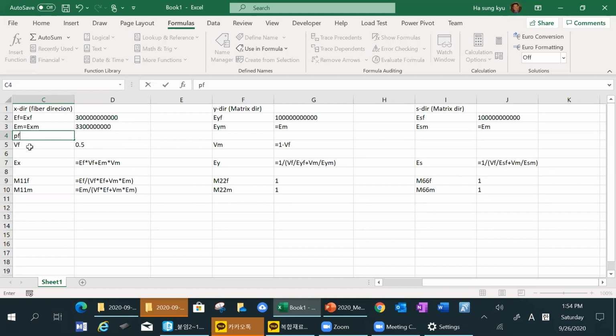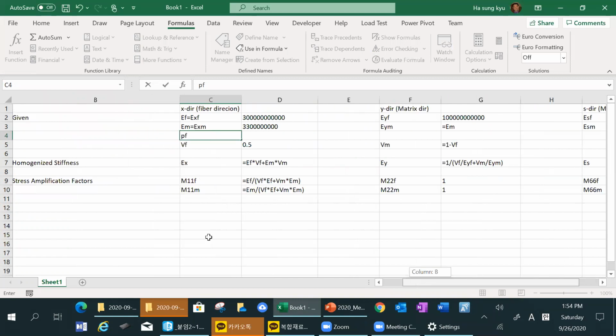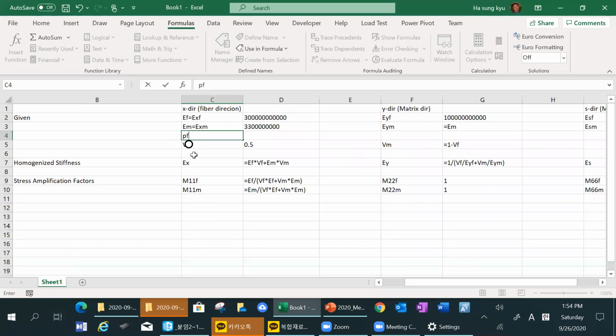So let's call it Poisson's ratio PF. No, sorry, not here. It is okay. PF, say 0.3. Usually that's the one we have.